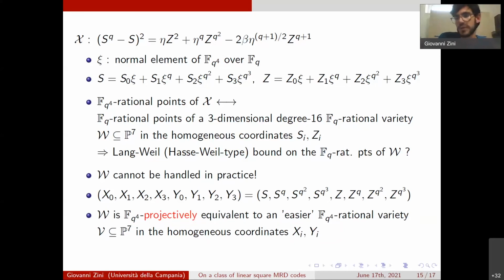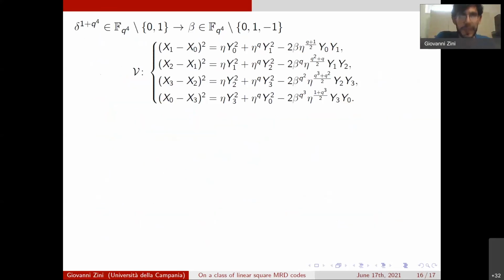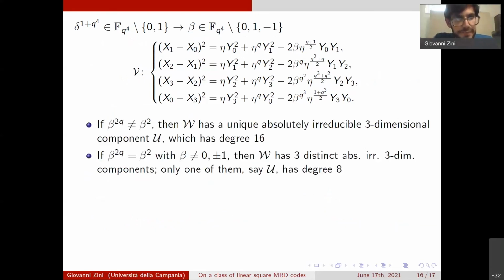And this is useful at the end for the concrete application of the bounds. This is just to let you see a rapid glance at the equations of this variety.